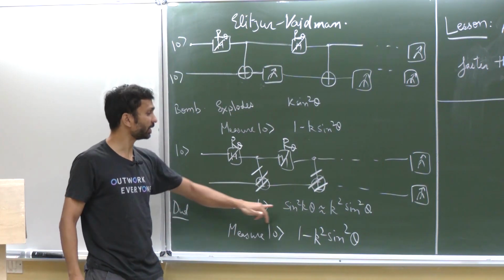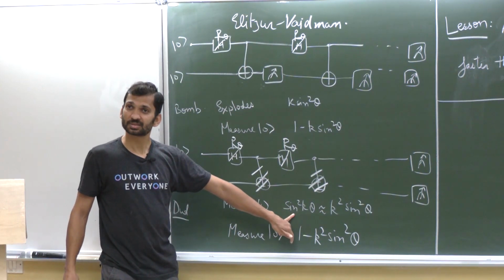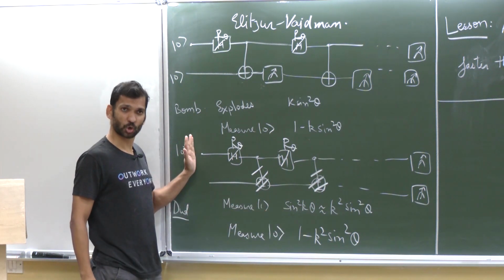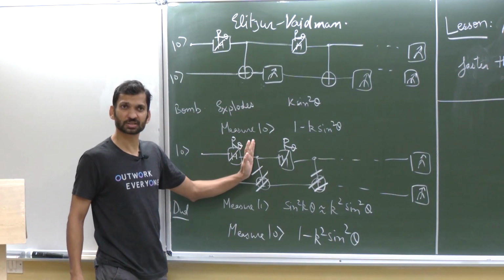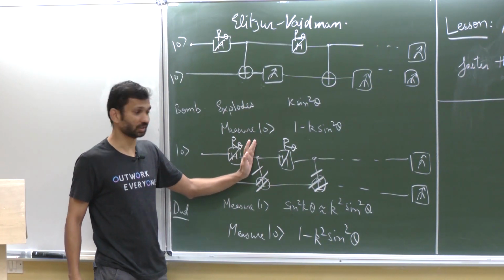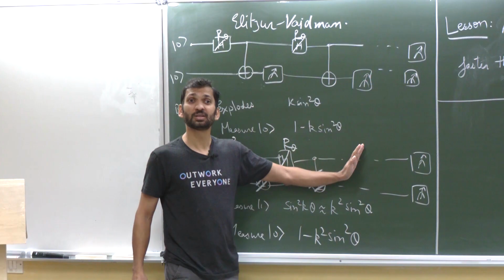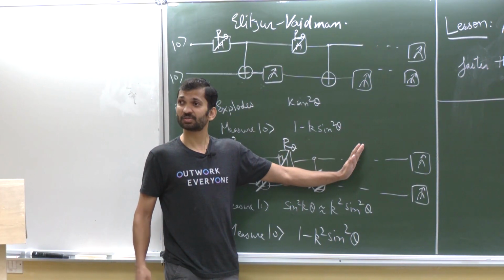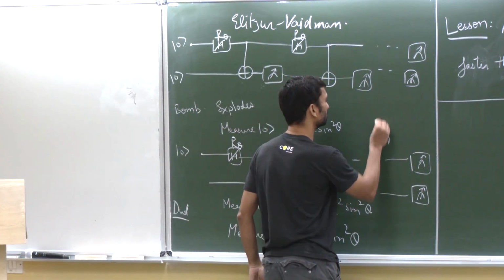So the probability that I measure 1 is sin square k theta. I start here, this is cos 0 0 plus sin 0 1. After one rotation it is cos theta 0 plus sin theta 1. After k rotations it is cos k theta 0 plus sin k theta 1.